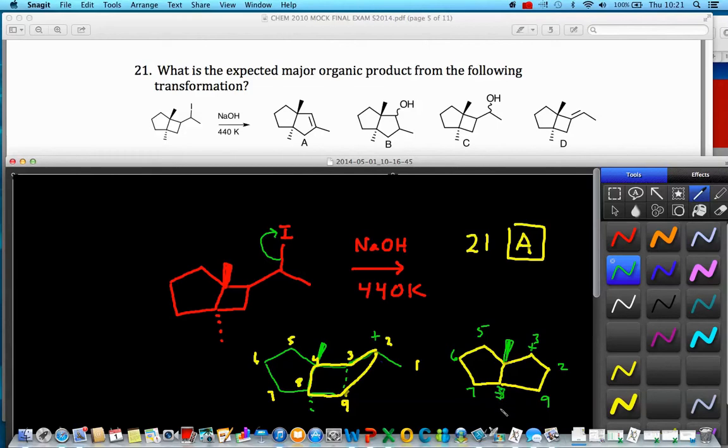Of course, we had another methyl group at 8. And 2 is where I have my methyl group. And the easiest rationalization now is going to be a proton transfer where the hydrogen will be abstracted and the double bond will alleviate the positive charge. And this, of course, is consistent with structure A. So 21, the answer is A.